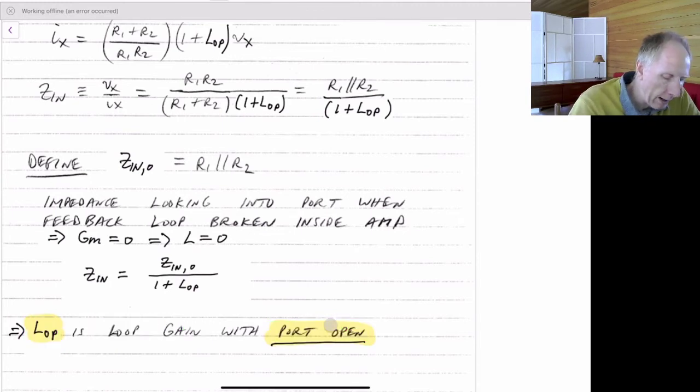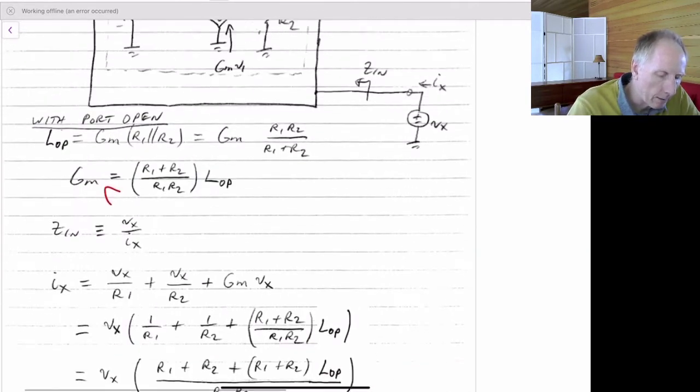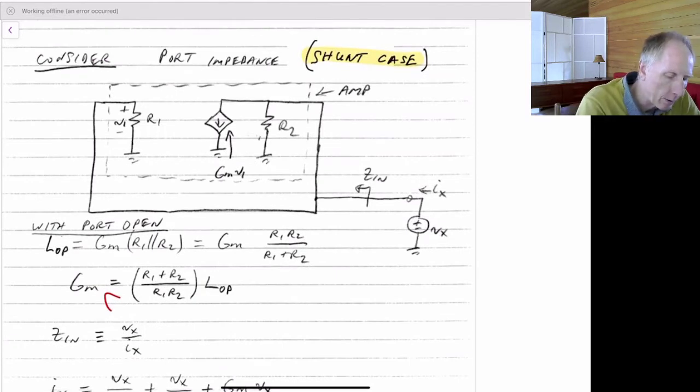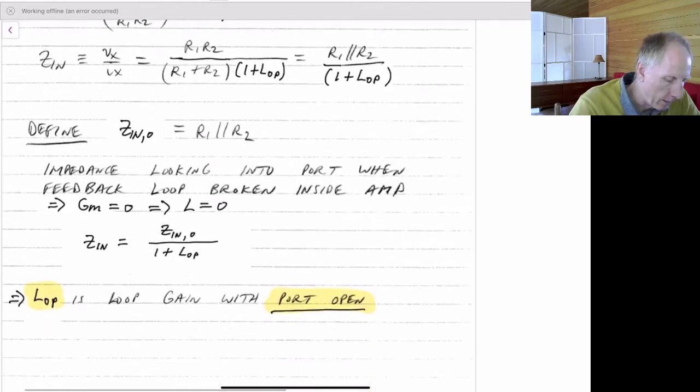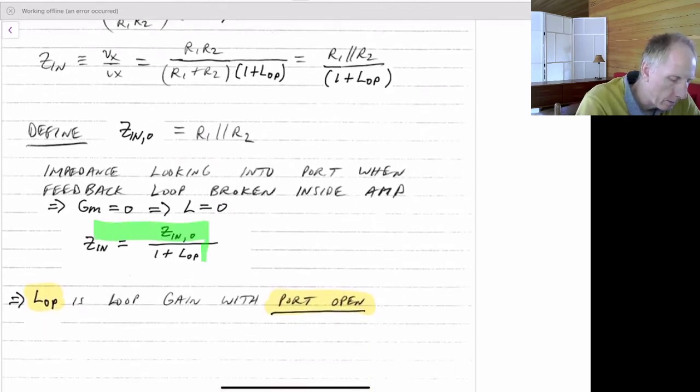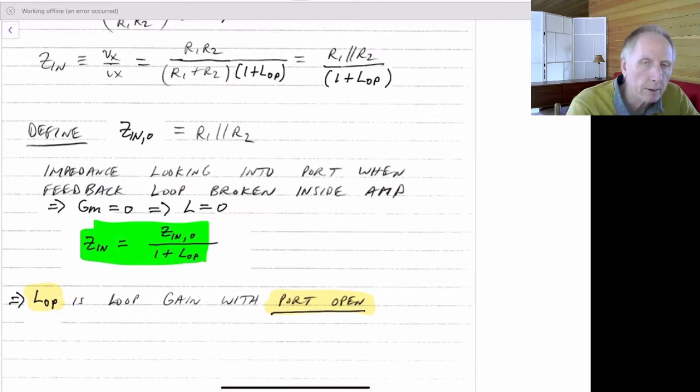So if we ever have a case of a shunt impedance, and we'll see a series impedance in a second, but if we have a case of a shunt impedance where we're finding the impedance relative to ground, like this, then this would be the correct formula to be using. The one at the end, which would be right here. Find the impedance when the loop gain is opened or broken, and then divide that by 1 plus the loop gain when the port is opened.